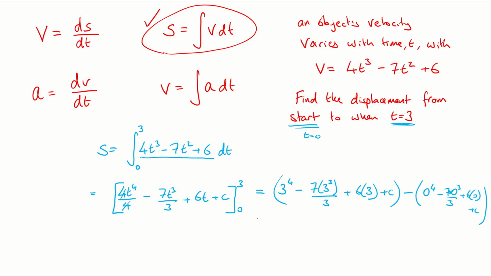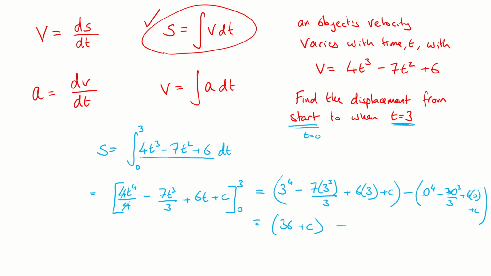So again, let's put in our values. So let's use a calculator here. So 3 to the 4, take away 7 times 3 cubed over 3 plus 6 times 3. So here we have 36 plus c.